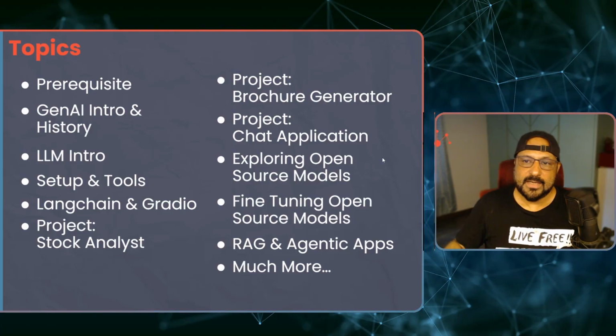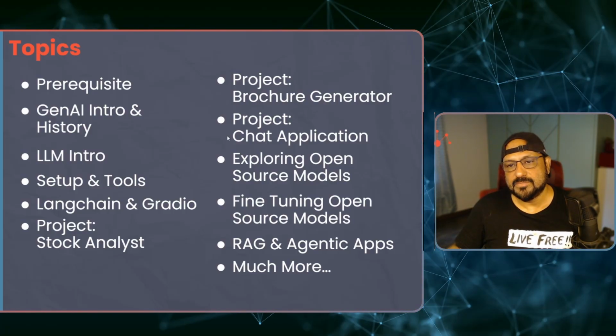So till now, until the chat application, we will mostly be focusing on frontier models, which are the models developed by large companies like OpenAI, Microsoft, Google, Anthropic, and these guys. And these are paid models, but they are very, very capable models, right?